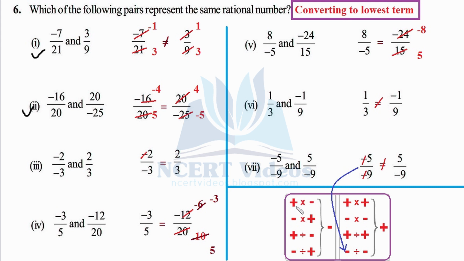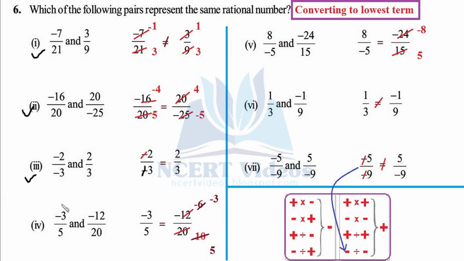And if they are different signs, in case of multiplication or division, like plus minus, minus plus, that's always leading you to a negative sign. So minus minus gets cancelled out. You can also do it like this, and 2 by 3 is equal to 2 by 3 indeed. So this is your correct.